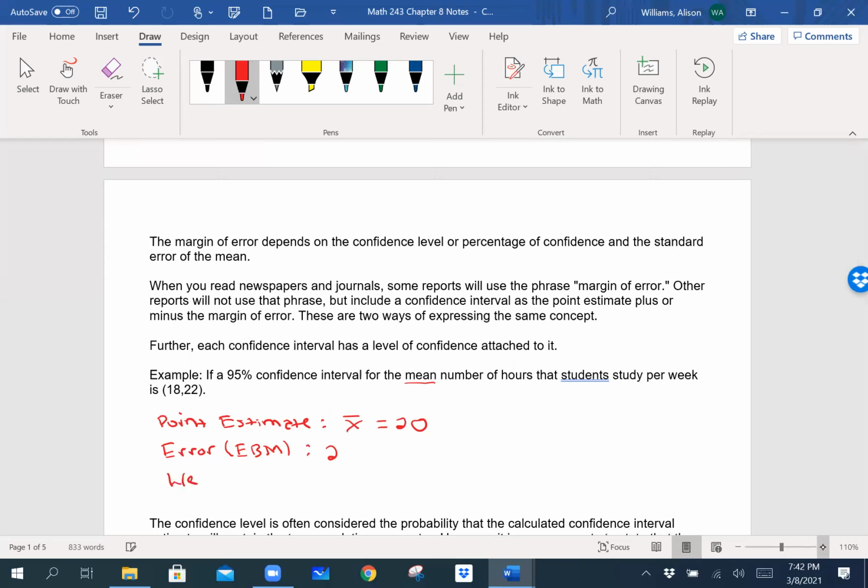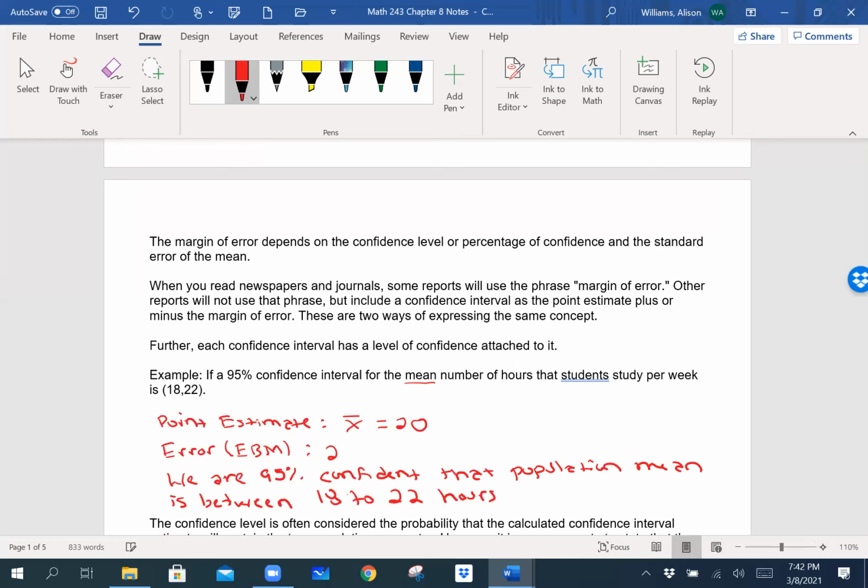We are 95% confident the population mean is between 18 and 22 hours. So we're talking about study time for students, so I'll use the units they did.